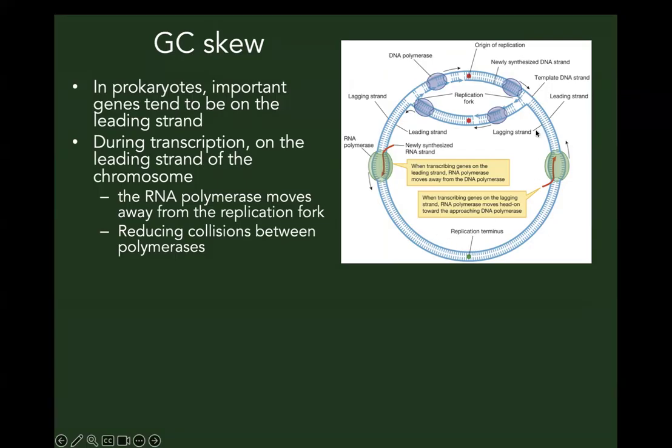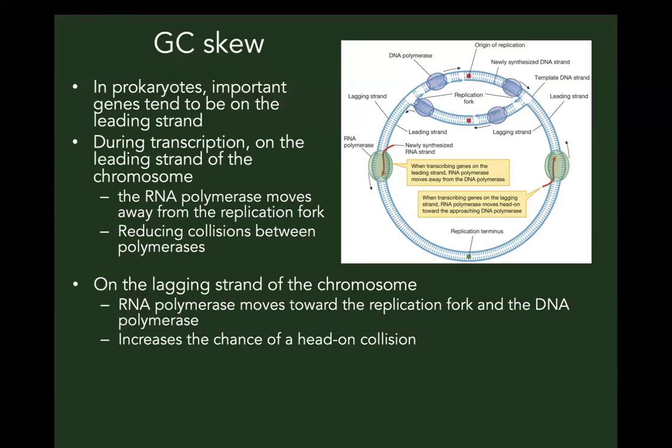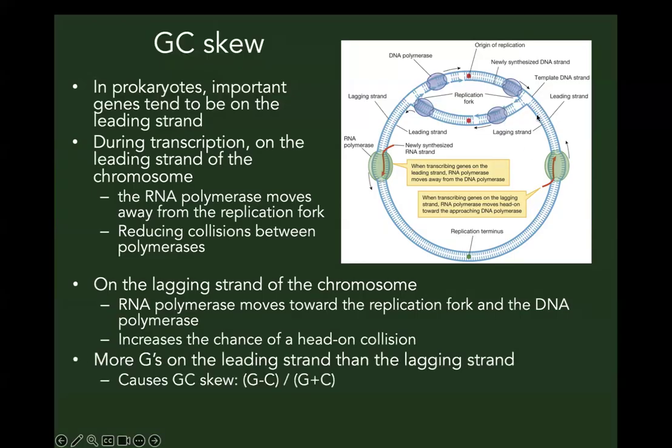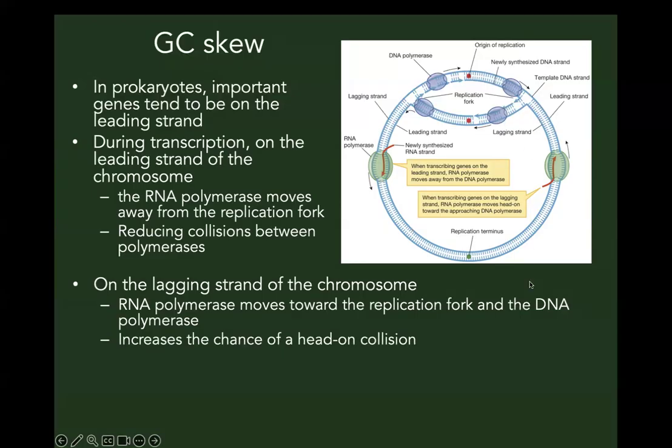And because it's doing it this way, it makes it less likely that RNA polymerase and DNA polymerase are going to have a crash. Meanwhile, on the lagging strand here, the RNA polymerase is moving towards the replication fork. So you can see it's going towards the replication fork, which increases the probability of a head-on collision.